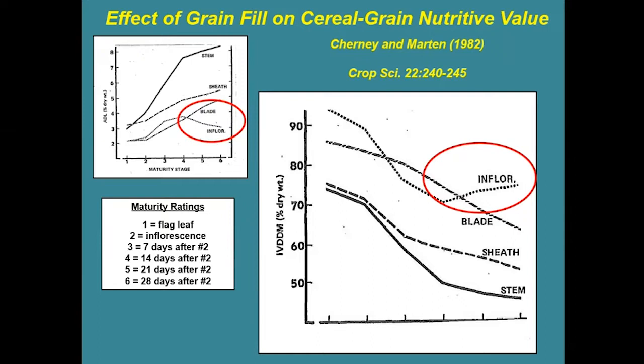As I showed you in the previous slide, for something like rye, that head weight may be much lower than it is for wheat or oat or barley. So the relative proportions of these tissue types have a large impact on the quality on a whole plant basis.